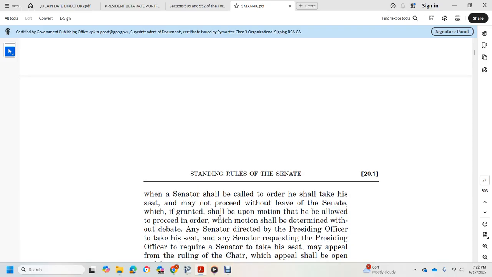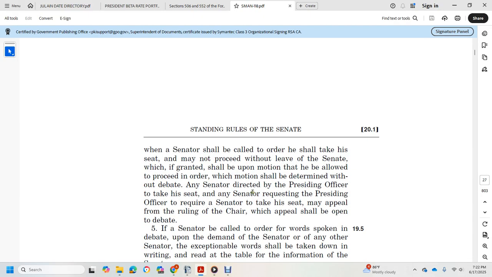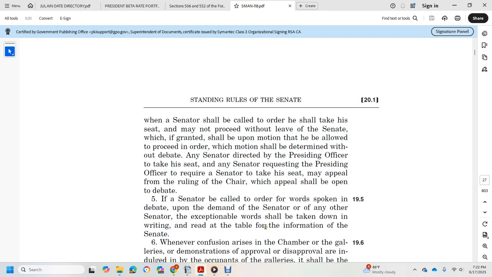Any senator directed by the presiding officer to take his seat, or any senator requesting the presiding officer to require a senator to take his seat, may appeal from the ruling of the chair, which appeal shall be open to debate. If a senator is called to order for words spoken in debate, upon the demand of the senator or any other senator, the exceptionable words shall be taken down in writing and read at the table for the information of the Senate.